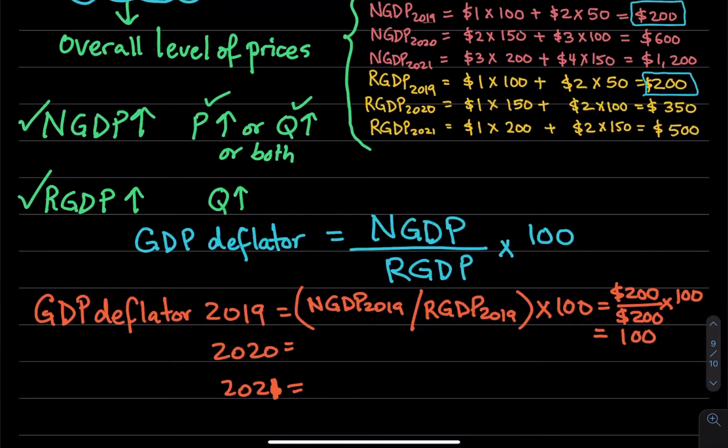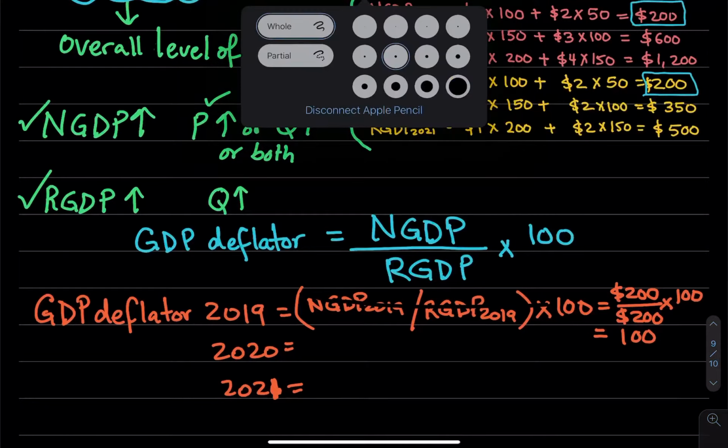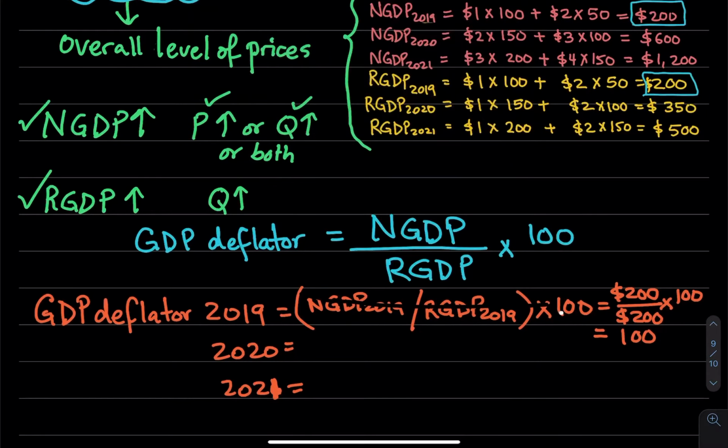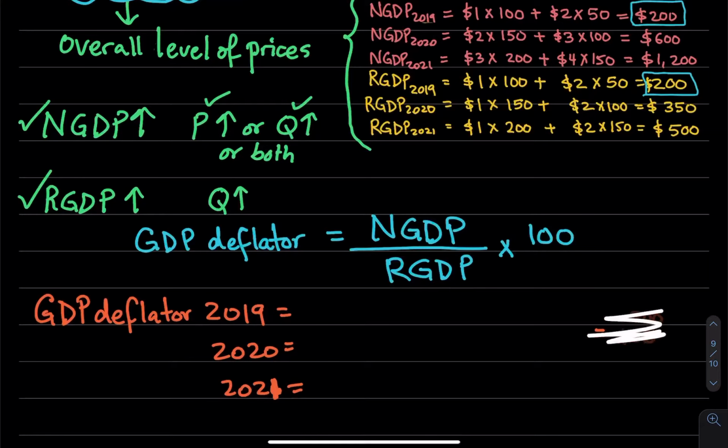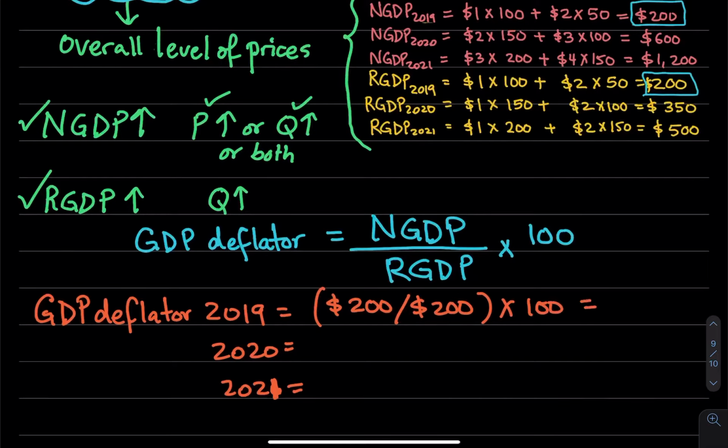Okay, I'll erase this part so we can make this a lot neater, and we can write down something simpler. This is just $200 divided by $200 times 100, which is equal to 100.